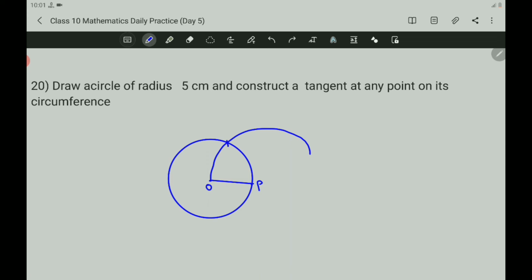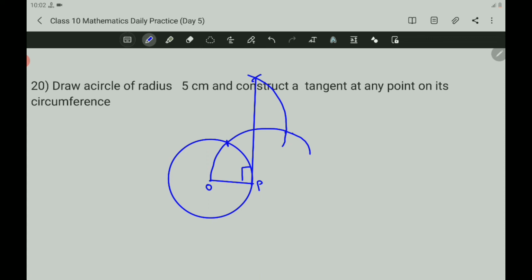with the same radius, you cut this curve and you extend up to this. Again you cut this with the same radius, and now you join that point to this, that you will get a perpendicular. Here by joining, you got a perpendicular.